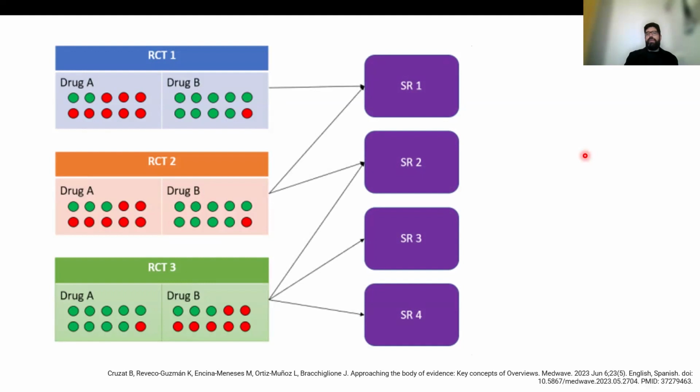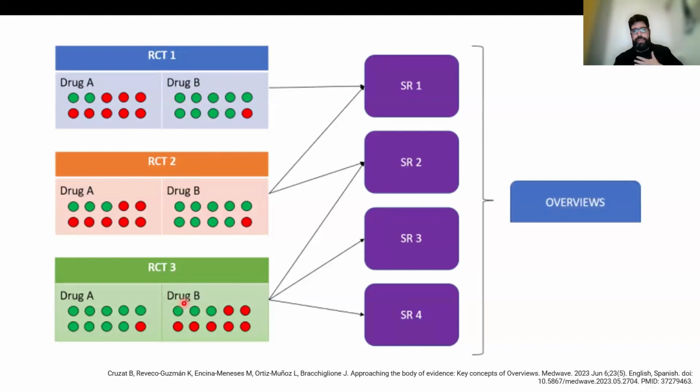But none of them includes all primary studies. So systematic review 1 includes RCT1 and 2, systematic review 2 includes RCT2 and 3, and systematic reviews 3 and 4 have identified only RCT3. And we are the authors of the overview.